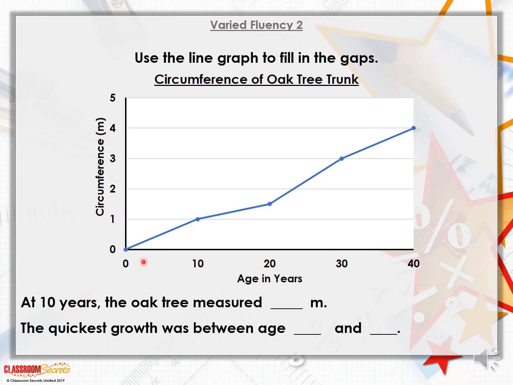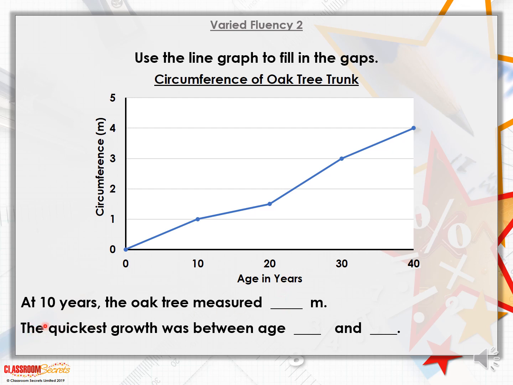And that is literally it. So at 10 years, which is there, 10 years, the oak tree measured how many meters? Remember, if I go straight up, that dot there, because that'll be for 10, 20, 30, and 40, it's measuring at 1 meter. So that answer there would be 1 meter. So that one's quite straightforward.